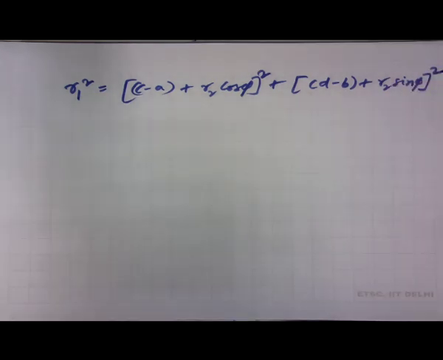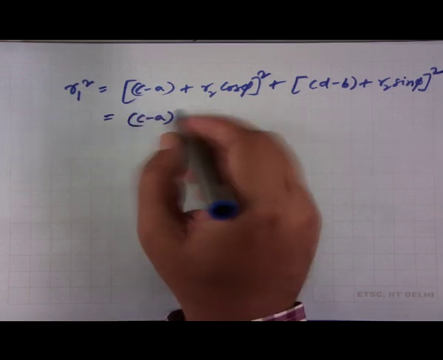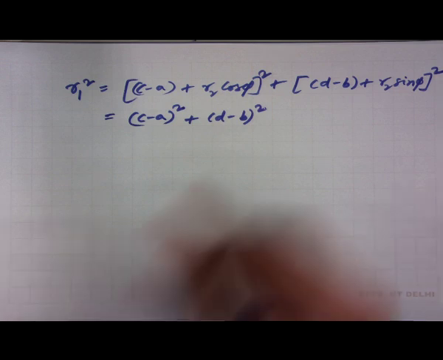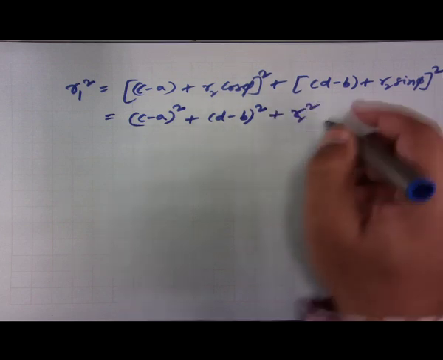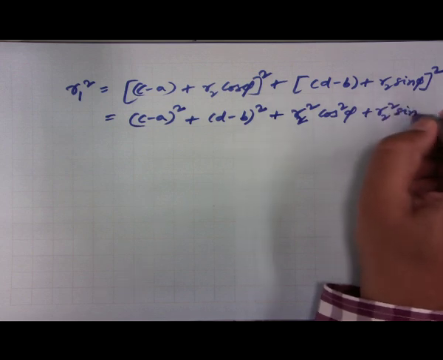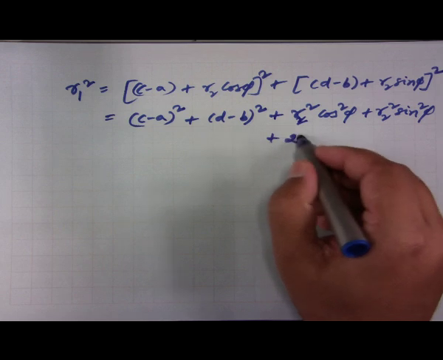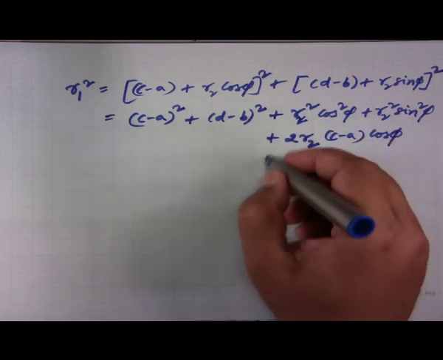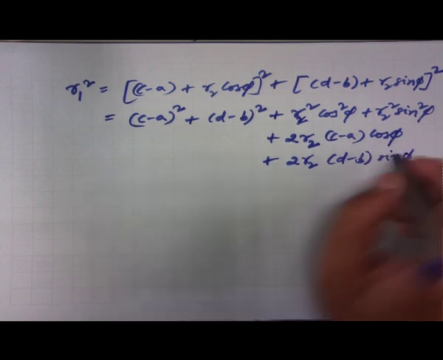If we now expand the right hand side, what we get is c minus a whole square plus d minus b whole square plus r2 square cos square phi plus r2 square sin square phi plus 2r2 c minus a cos phi plus 2r2 d minus b sin phi.